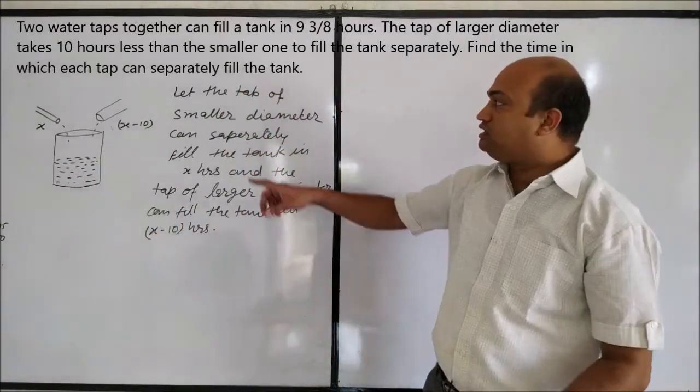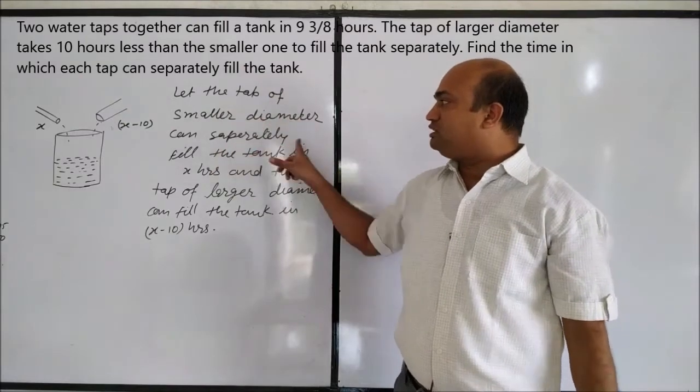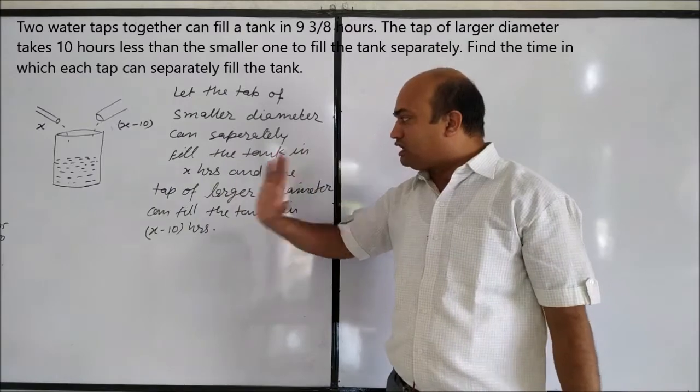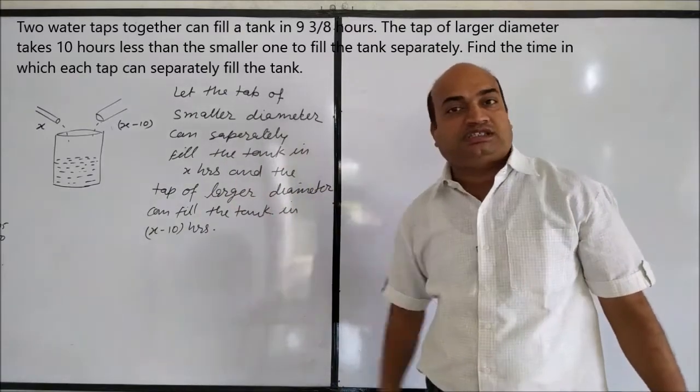We consider the tap of smaller diameter can separately fill the tank in x hours, and the tap of larger diameter can separately fill the tank in x minus 10 hours.